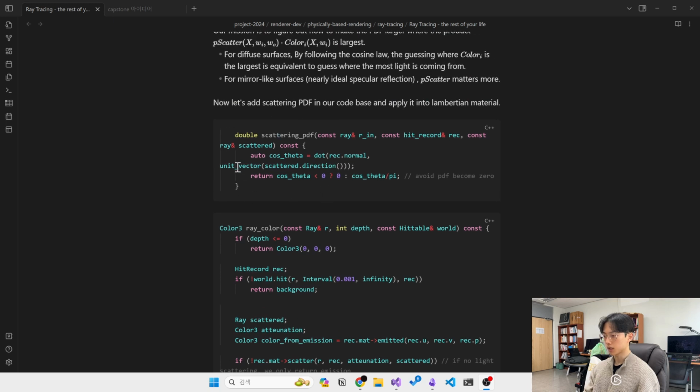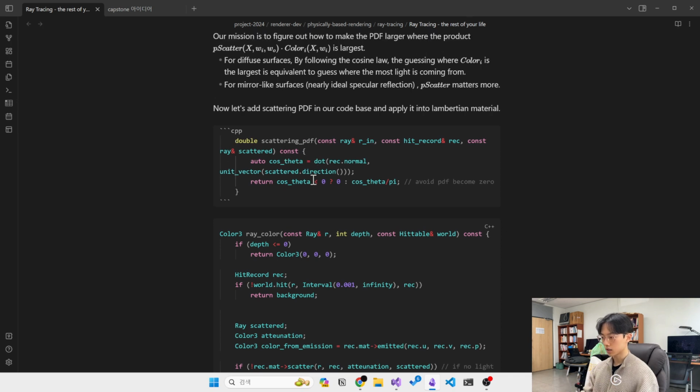So we added a scattering PDF, which is a virtual function. We need to add a virtual function because we are using the abstraction of material, so we can override it inside.